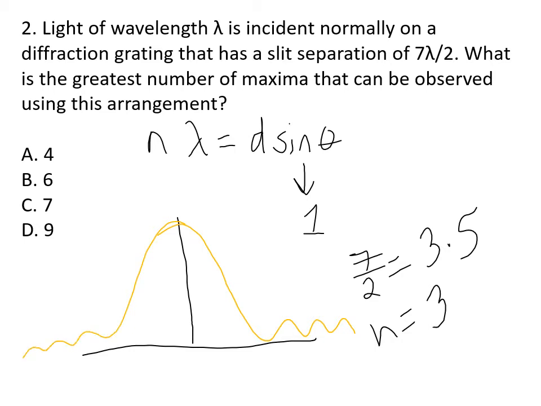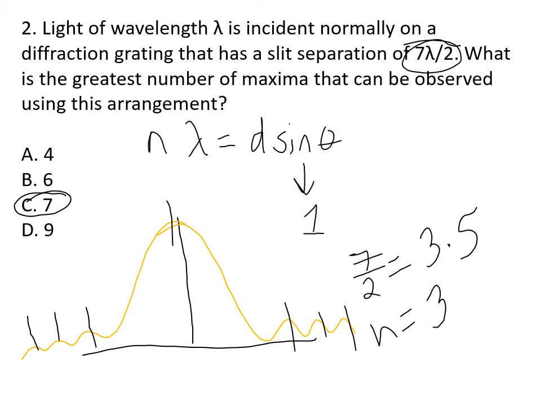So on the other side, you would also see n equals 3 peaks. That is a total of 1, 2, 3, 4, 5, 6, 7 peaks. It might make sense to say we could have just doubled 7 over 2, but I want to make sure it's clear that you round down to the nearest whole number, because in other problems where this isn't such a nice half, you still need to round down for the n value.